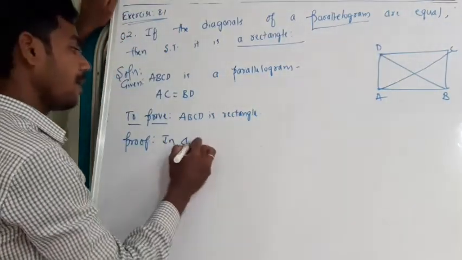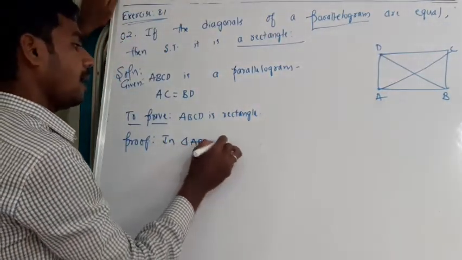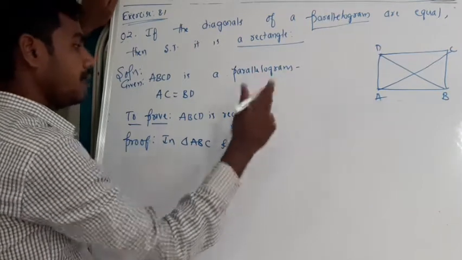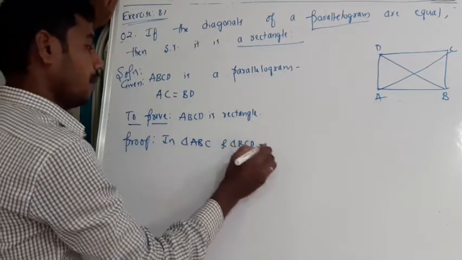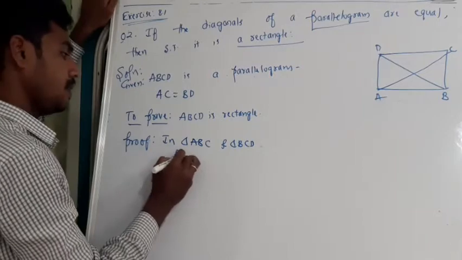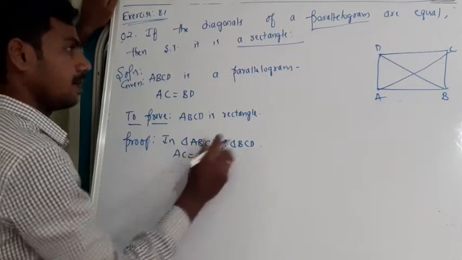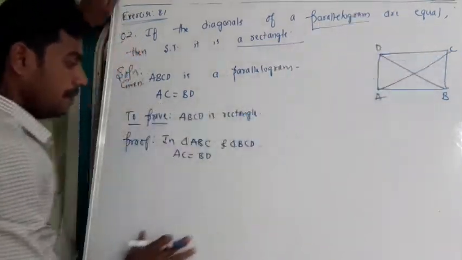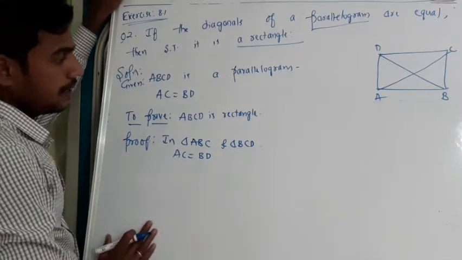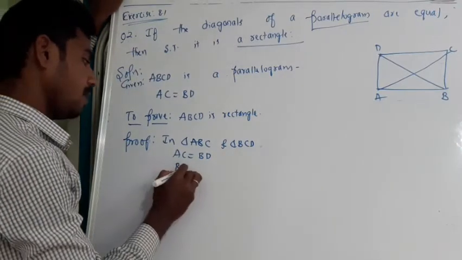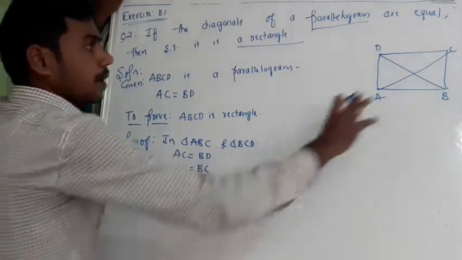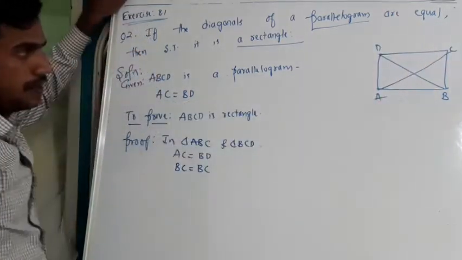In triangle ABC and triangle BCD, AC is equal to BD. And what can I write? BC is equal to BC. This is the common side.